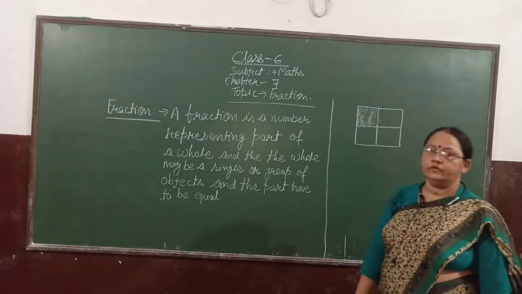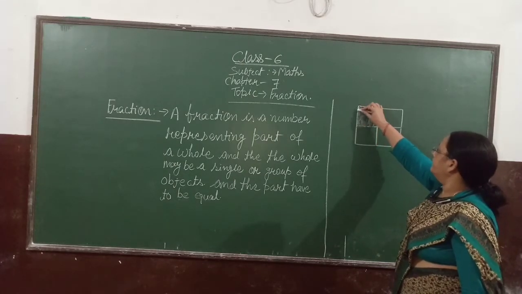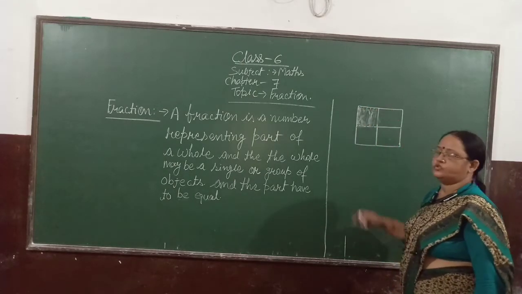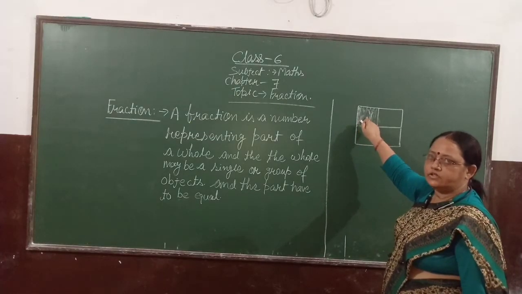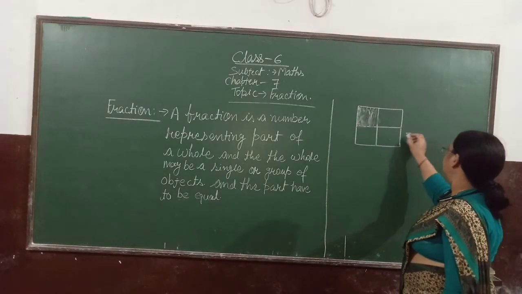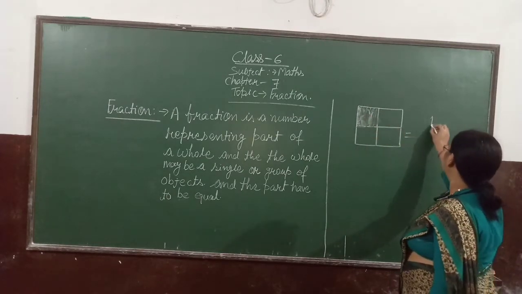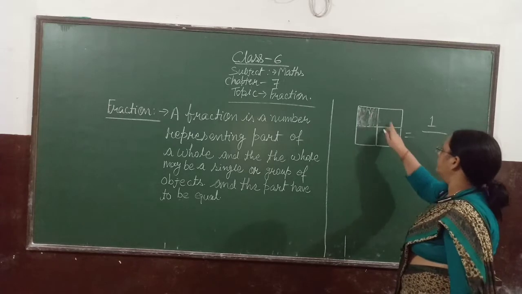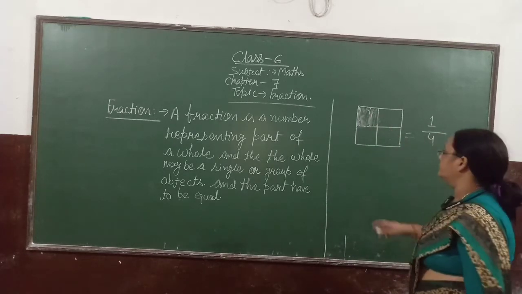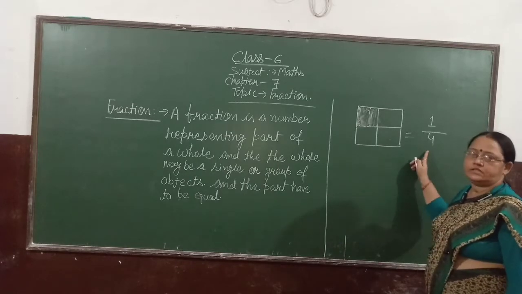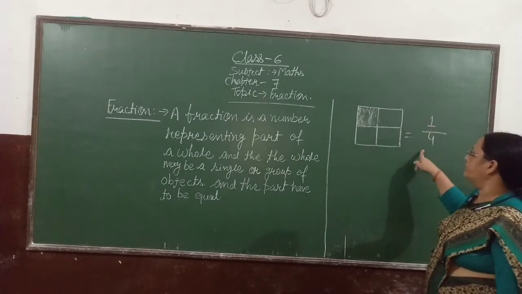Part of a whole. So if we have to show the shaded region as a fractional value, how many parts are shaded? 1, and the total whole is 4 parts. This is the fractional representation of this figure, 1/4.